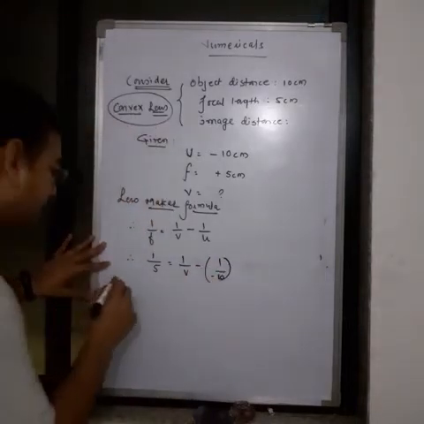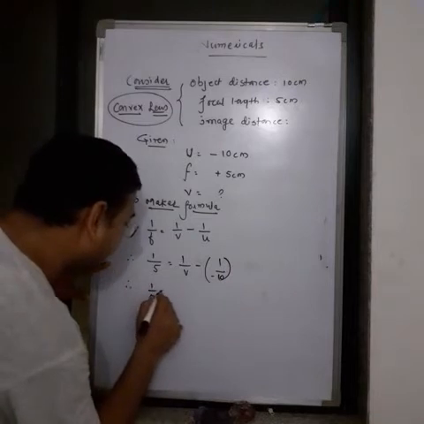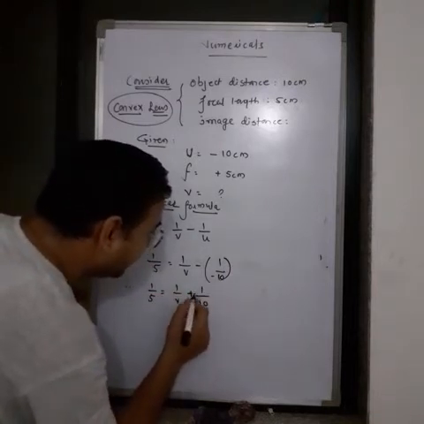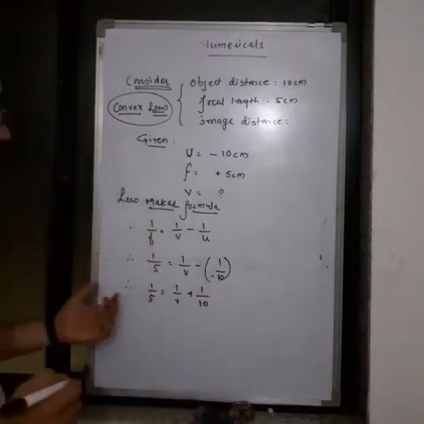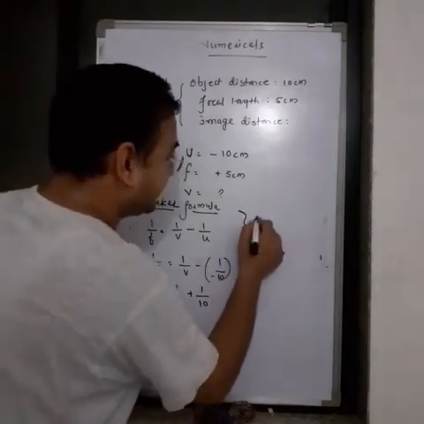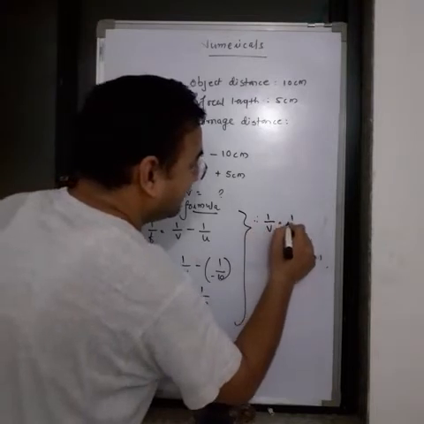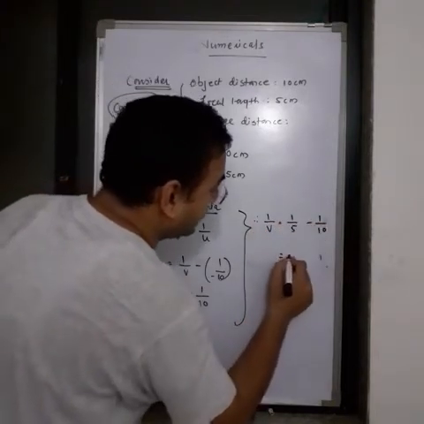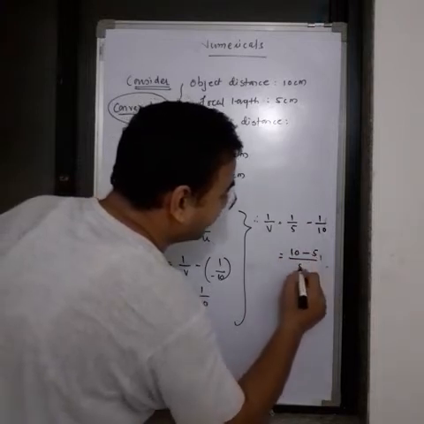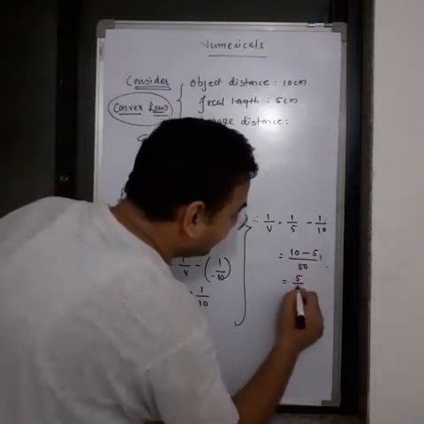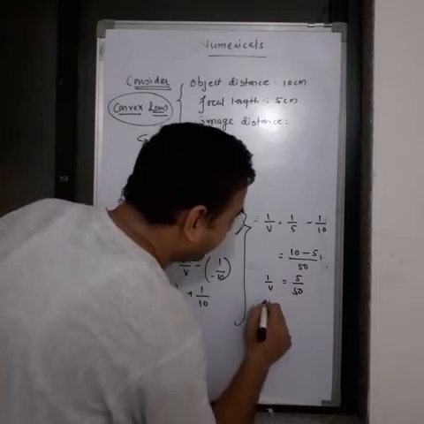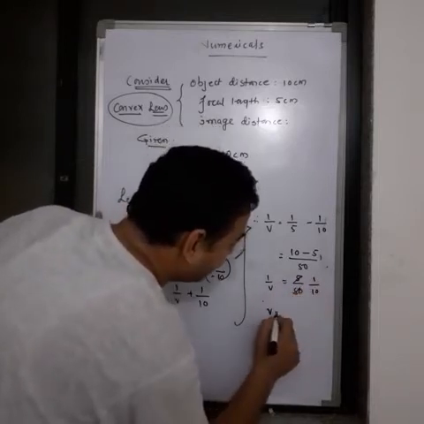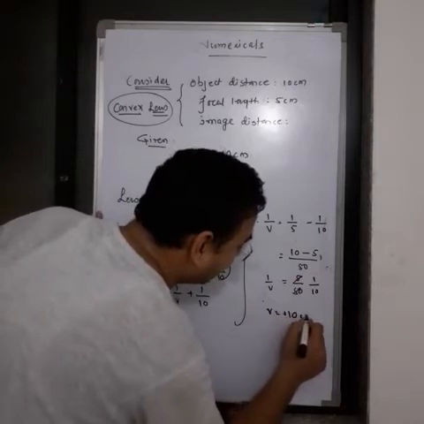So 1 upon 5 is equal to 1 upon v plus 1 upon 10, since minus minus is plus. So 1 upon v is 1 upon 5 minus 1 upon 10, which is 10 minus 5 upon 50, so it's 5 upon 50. So 1 upon v is 1 upon 10. So v is equal to plus 10 centimeter.